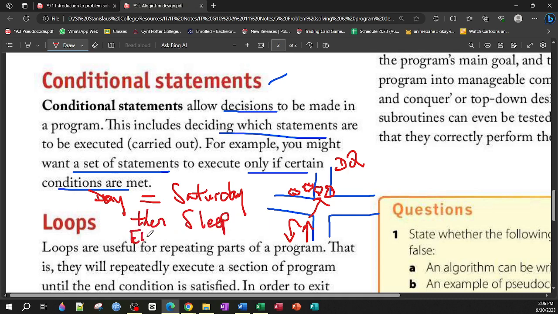Otherwise, else go to school. So if it's Saturday or Sunday, this is an example of a conditional statement. If the day is Saturday or Sunday, then sleep. Else, or otherwise, go to school. Because if it's otherwise, that means it's a weekday, Monday to Friday. So you go to school. So this is the purpose of the conditional statement.